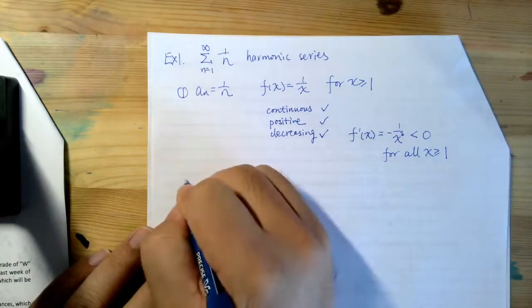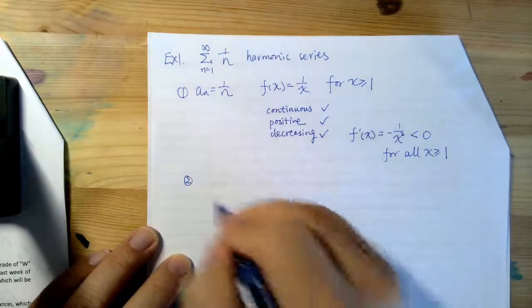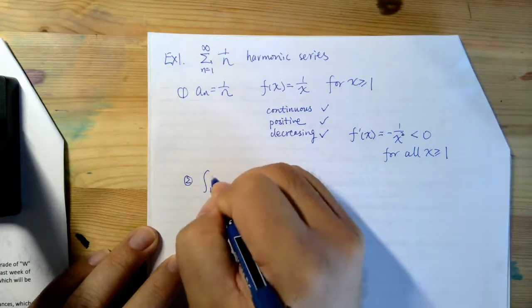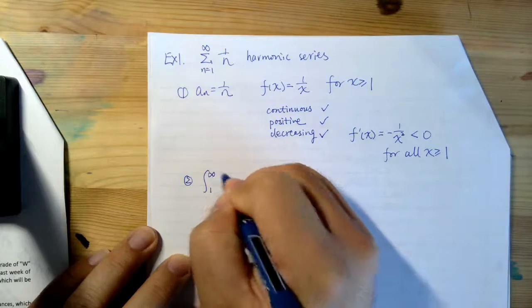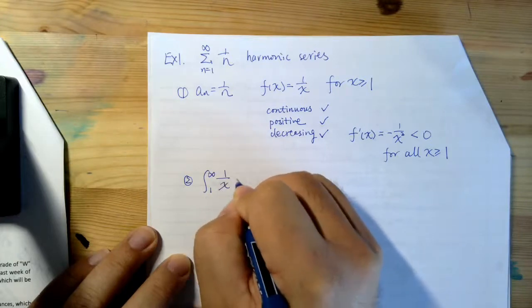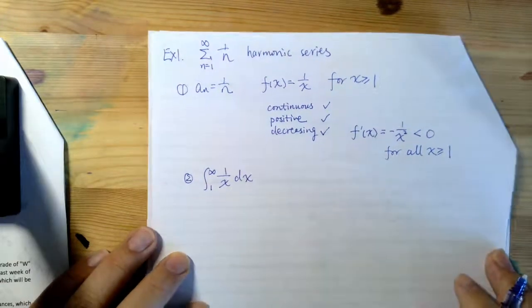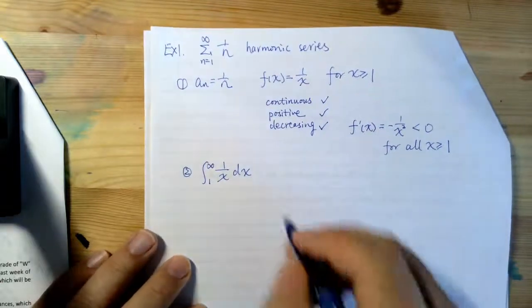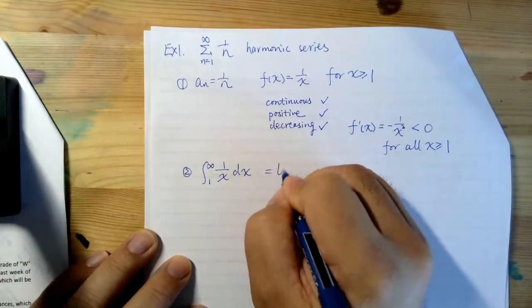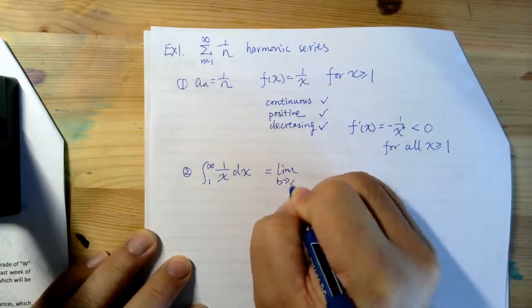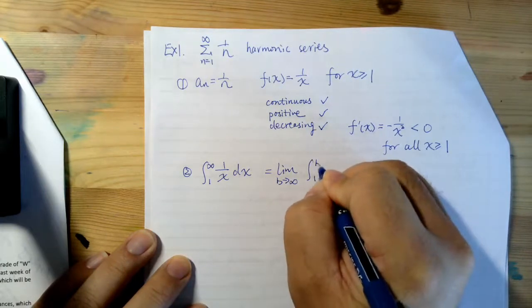Then, starting from part 2, we evaluate the corresponding integral, which is the integral from 1 to infinity of 1 over x dx. Now this is an improper integral, so we can write it in limit format.